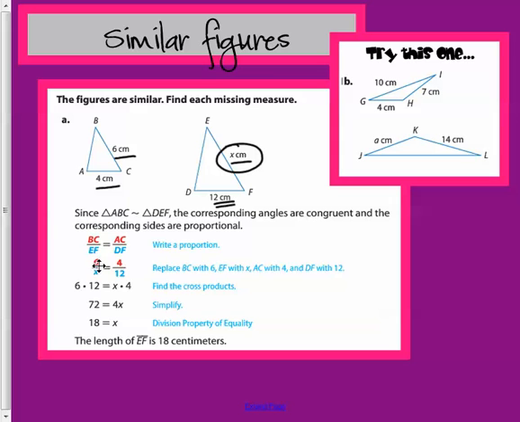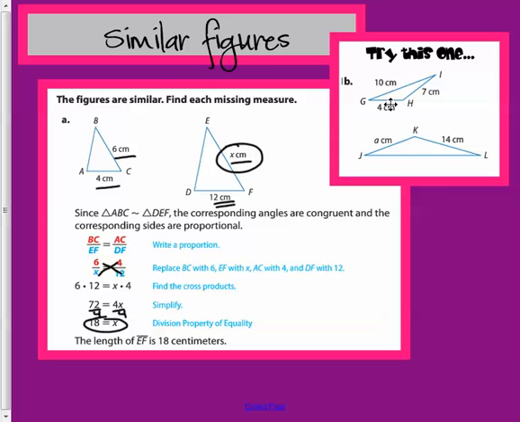So I set up my proportion, 6 over x, and then 4 over 12, and I use cross products. 6 times 12 is 72, 4 times x is 4x, and I divide by 4 on both sides, and I get 18 equals x. So my length here should be 18.